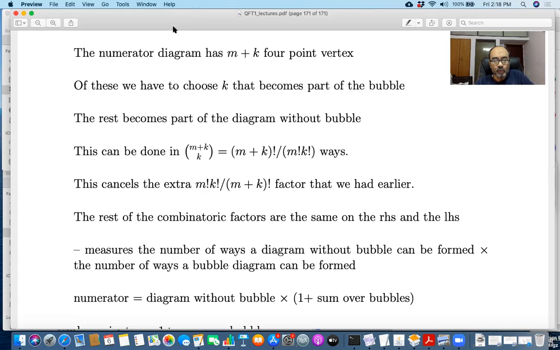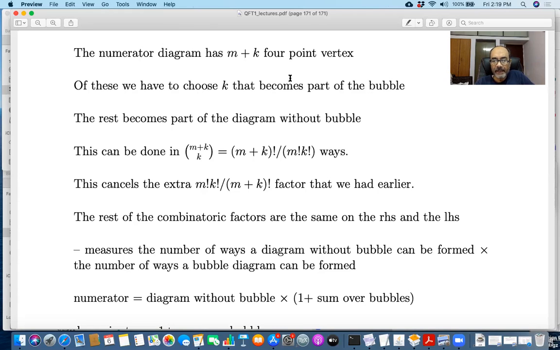Okay, so to compare this, we note that the numerator diagram has m plus k 4-point vertices. The right hand side has a bubble which has k vertices and a diagram without bubble which has m vertices.